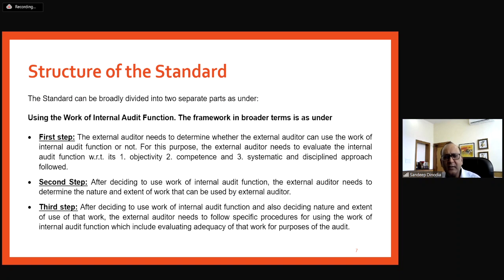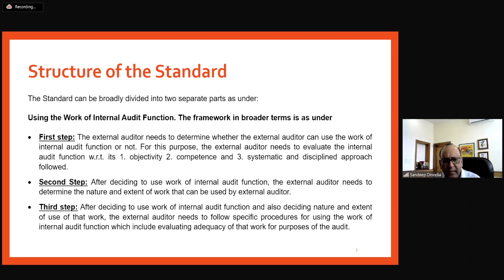Once we are convinced that these 3 conditions exist, and we decide to use the work of the internal audit function, the external auditor needs to determine the nature and extent of work that can be used. So we will look at his reports, interact with the internal auditor, and determine the nature and extent of work that I can use out of the total work that the internal auditor has done.